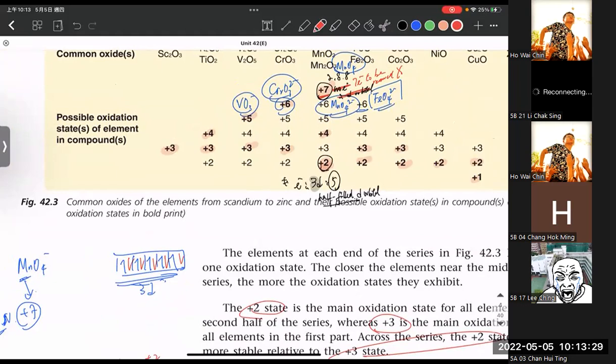And you may think of another argument, right? That you just imagine Mn7+, right? It's rather impossible because it's rather unstable. So unstable that it would attract. Some people would think that way. The +7 charge is a highly unstable species, such that there is indeed interaction between water and that central atom.